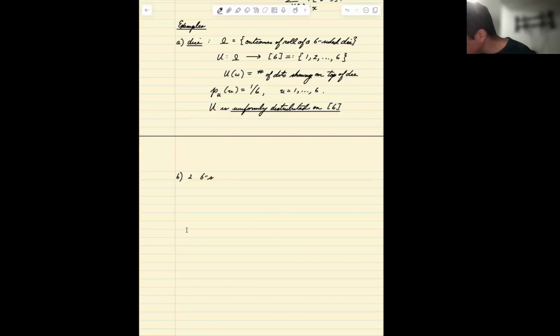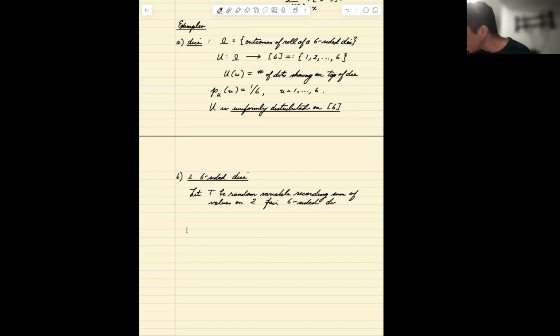Let's consider now the case of 2 six-sided dice. With 2 six-sided dice, we're going to let T be a random variable recording the sum of the values on 2 fair six-sided dice.